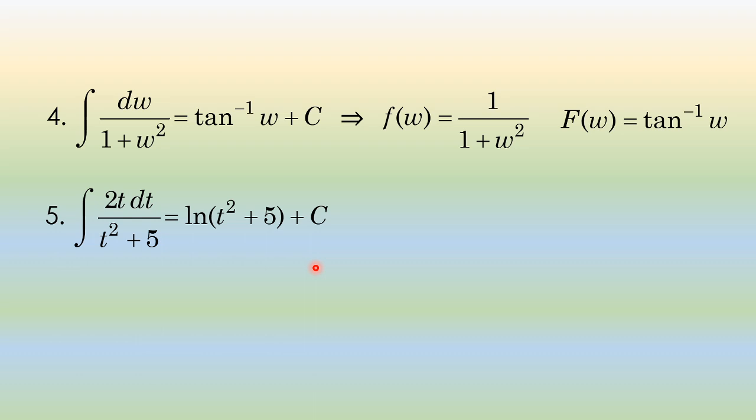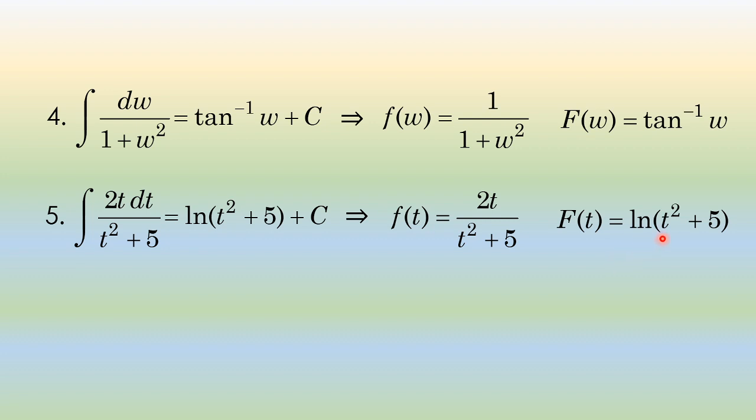In number 5, this integrand is the small f of t, while this is the big F of t, which is ln of t squared plus 5. If I take the derivative of this, I get the derivative of the expression inside ln, that is 2t plus 0, simply 2t, over the expression inside ln.